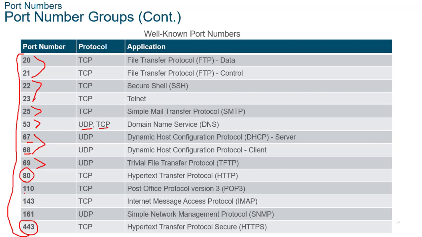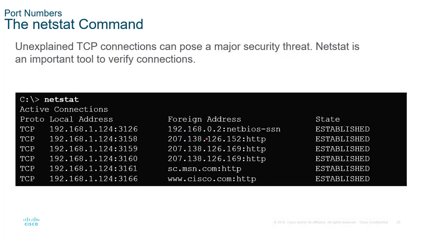Getting email through either POP3 or IMAP, the Internet Message Access Protocol, uses ports 110 and 143. And your Simple Network Management Protocol for monitoring and managing devices on the network uses port 161.